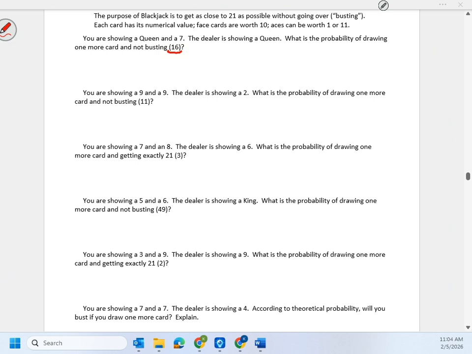Henry? That is the number of possible cards that would work in this scenario. And what do we call that? So think about our definitions. Successful. Yeah, so in parentheses is the successful outcomes.